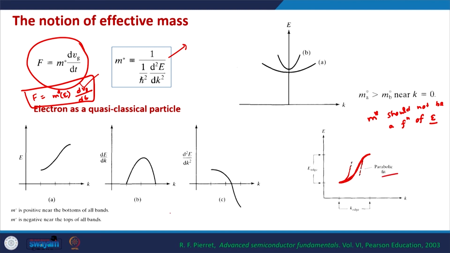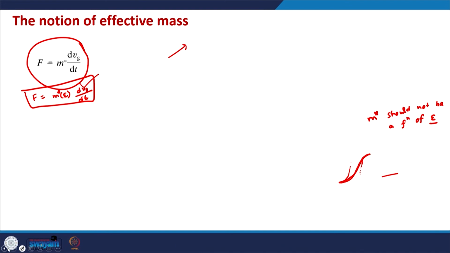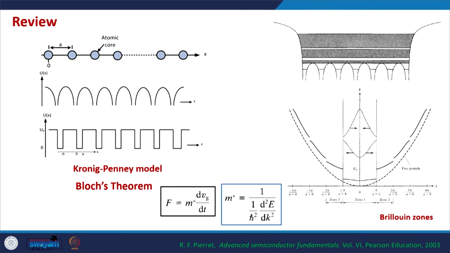As you might have already observed in the E-k plot for a 1D solid, this is the typical band structure that we see, and just at the bottom of the band and just at the top of the band, this band structure can be approximated by a parabola.